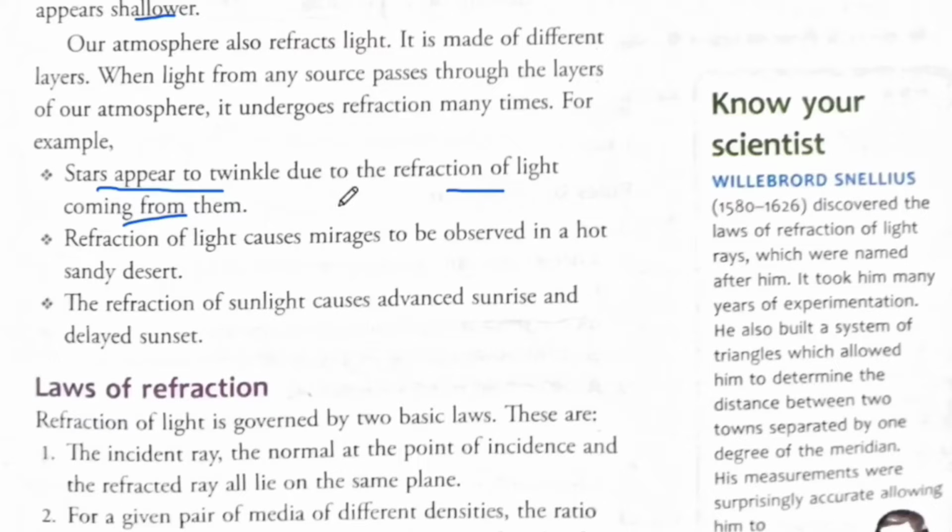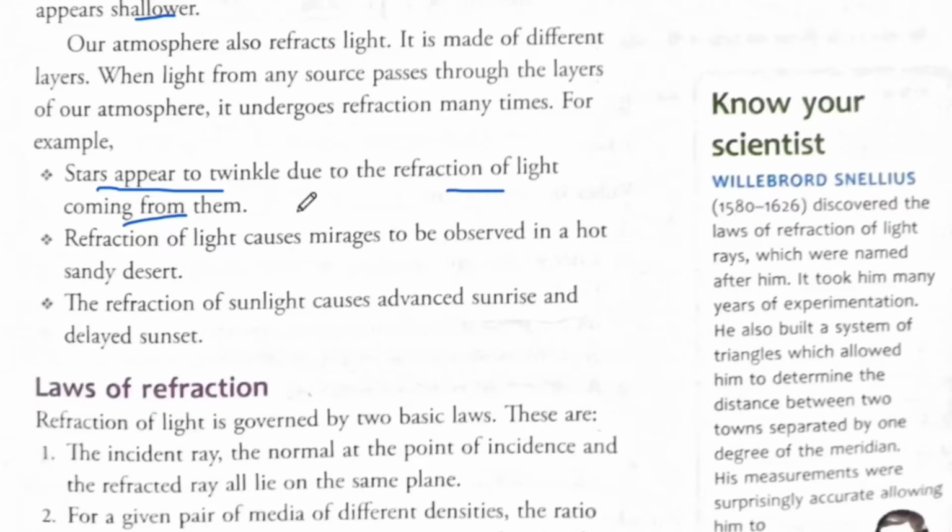So this way, after several refractions, when this ray of light finally reaches our eyes, we don't see the stars in their actual position, because the route of the final ray of light that reaches our eyes is totally changed from the original route that came from the stars. That's why we cannot see the stars at their actual position.